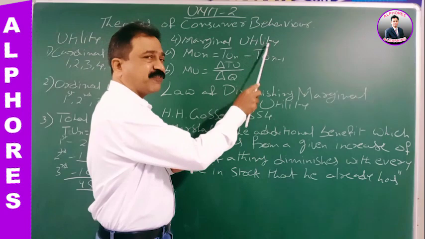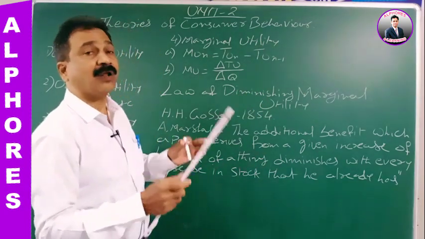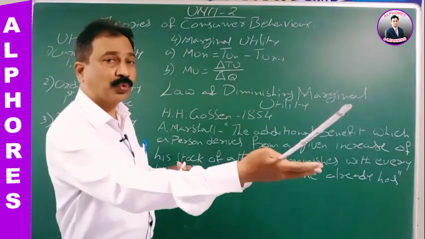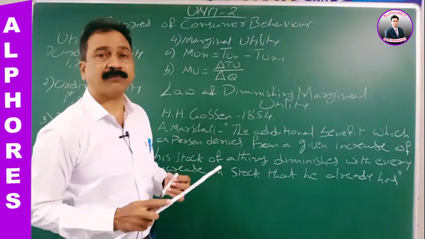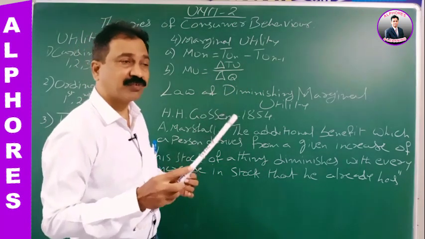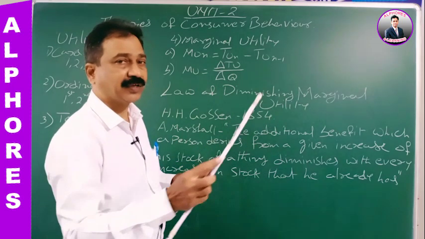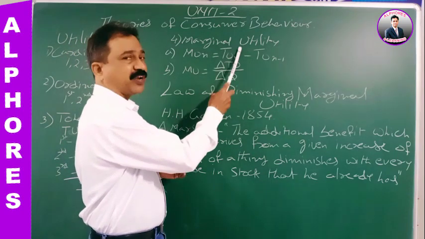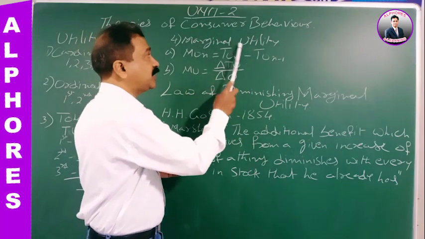Utility is the satisfaction from a commodity, and what we derive from an additional or marginal good is called marginal utility.